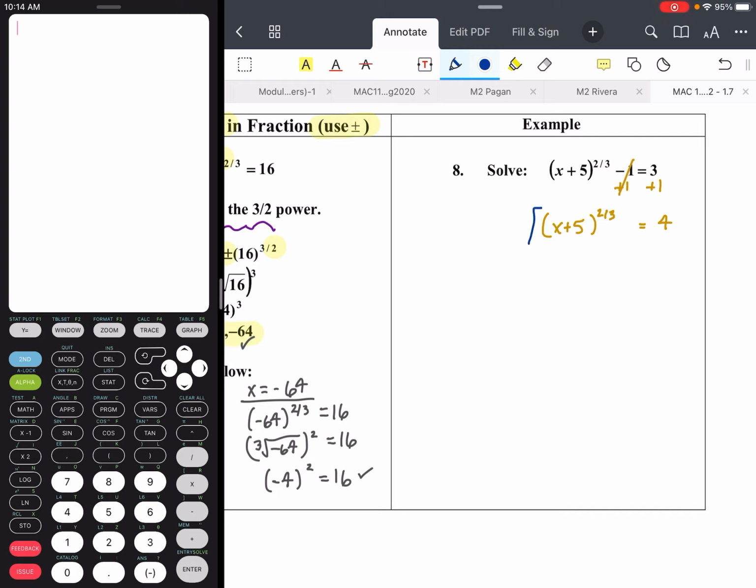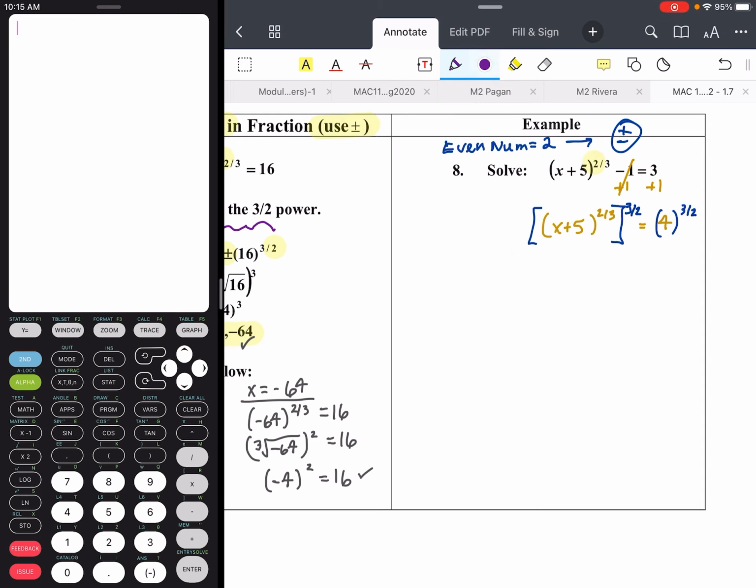Next, I'm going to raise both sides to the reciprocal power of 3/2. But when I do this, because my original equation had an even numerator, equals 2, so a numerator of 2 or 4 or 6 in that fraction, that means I'm going to be using my plus or minus.